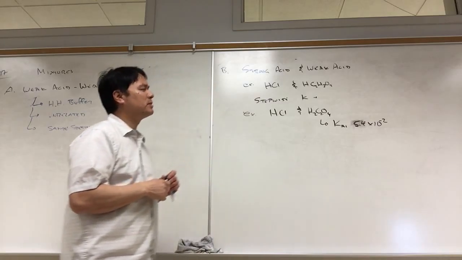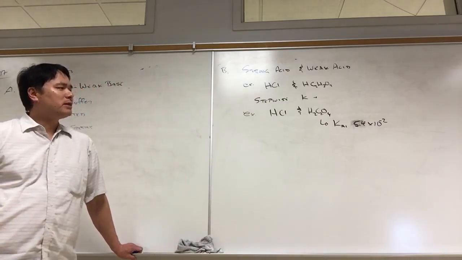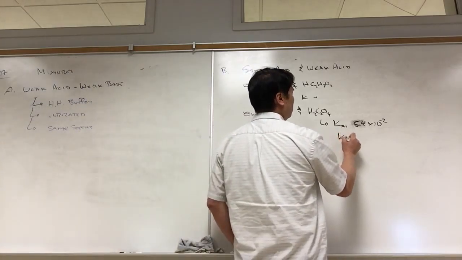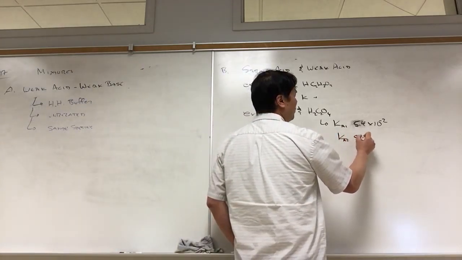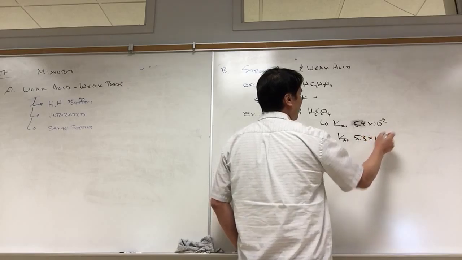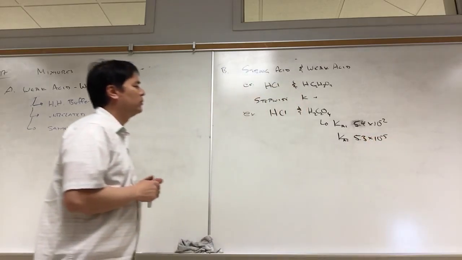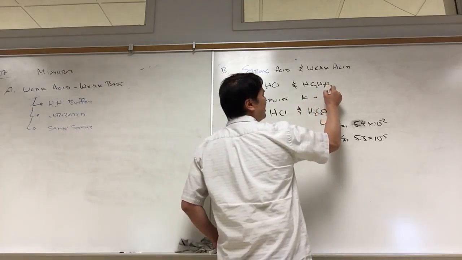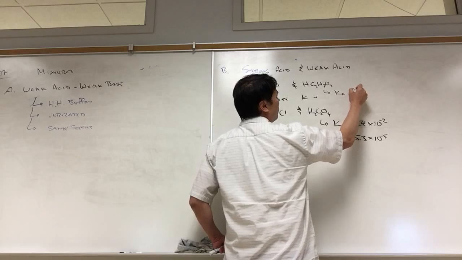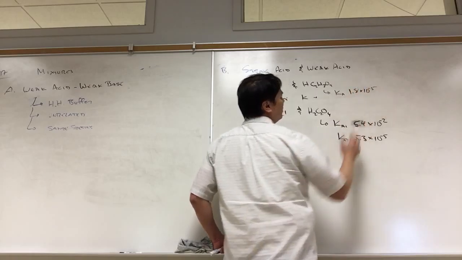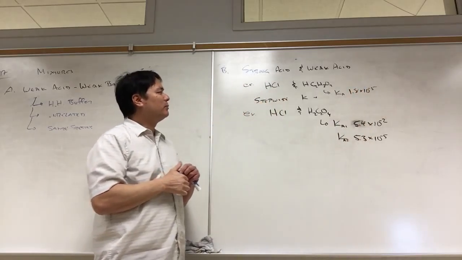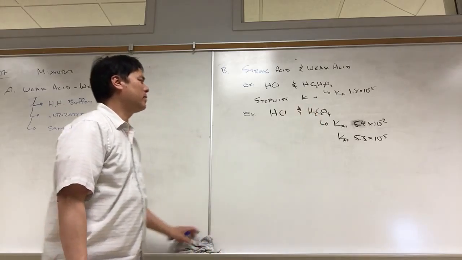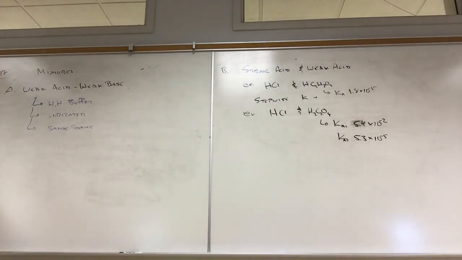Yeah, 5.4 times 10 to the minus 2, which means it's pretty strong. And then the Ka2 is 5.3 times 10 to the minus 5, so it's a bit weaker. Whereas here, acetic acid has a Ka of 1.8 times 10 to the minus 5. And so something like oxalic would be expected to be a more significant contributor of hydronium. So in that case, you'd probably worry about the contribution of hydronium from oxalic acid.